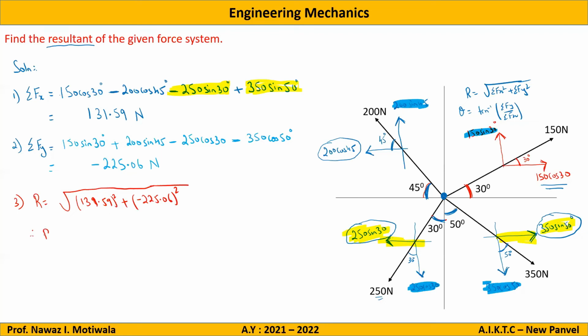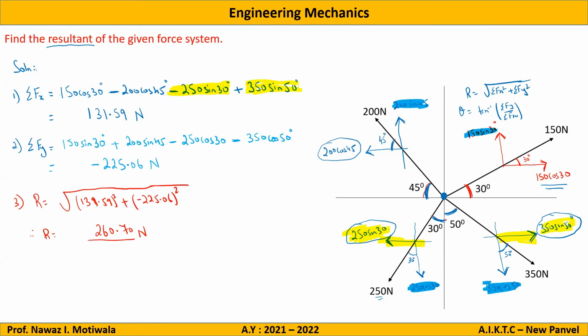Now just calculate and tell me the answer. 260.70. Some get 260.65 or 260.6, I don't mind. All the answers are correct.